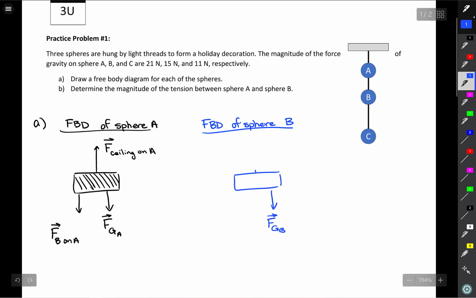We also know that there is a thread acting upwards on B, and that would be the force of A acting on B. And we have a thread acting downwards between mass B and C, which would be the force that C is applying on B. Okay, so there's our free body diagram for sphere B.